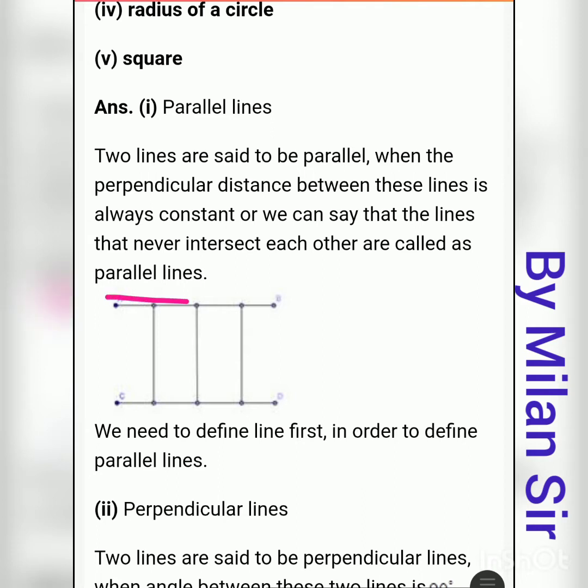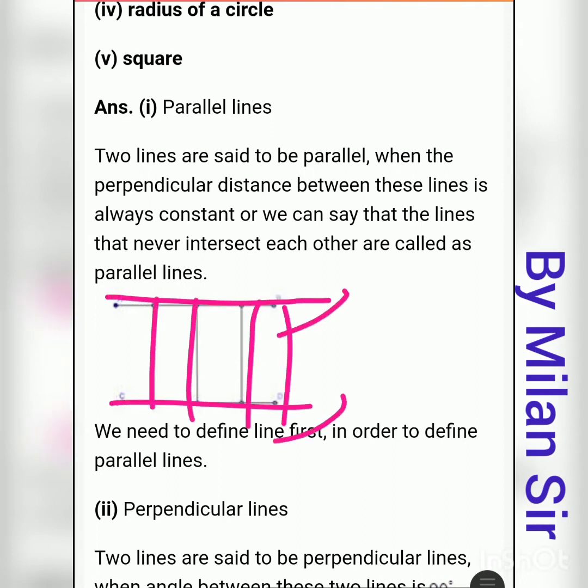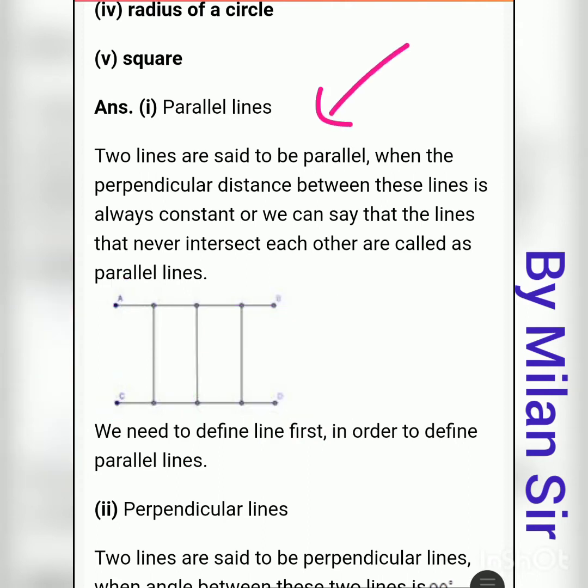Otherwise, in parallel lines, the perpendicular distance between them always remains the same. So we have a total of two definitions for parallel lines.